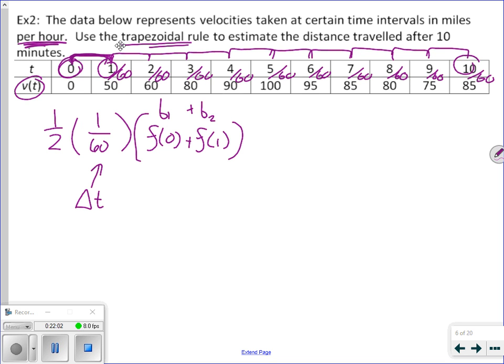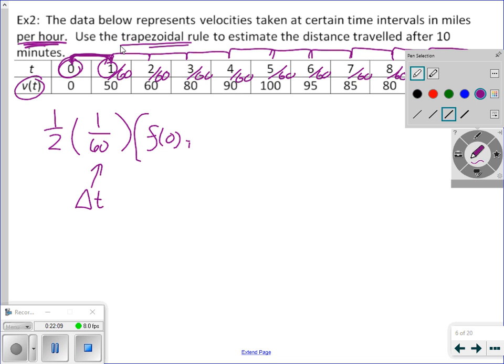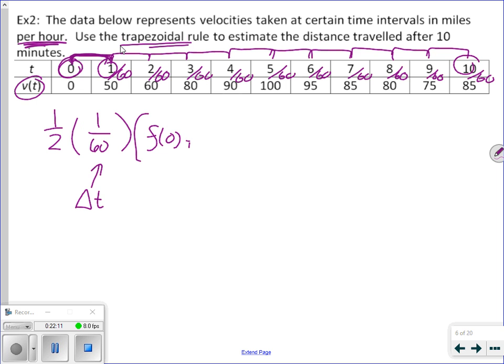But if you take out the GCF and you want to simplify it a little bit, this is what you're really doing. You're going to use all those middle numbers twice for each of your trapezoids. So it's going to be f of 0 plus 2 times f of 1, plus 2 times f of 2, dot, dot, dot, right? Since I already know those outputs, I'm just going to write those out so I don't have to worry about writing the f of notation.